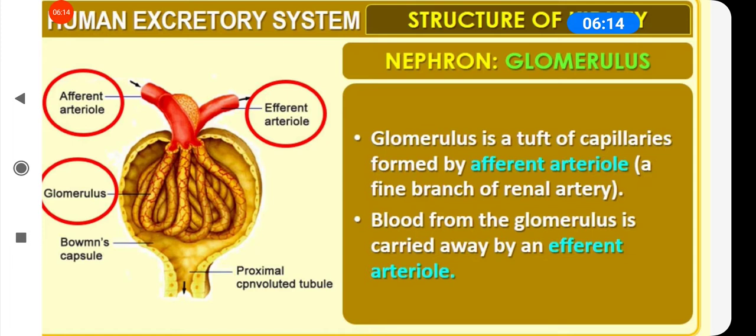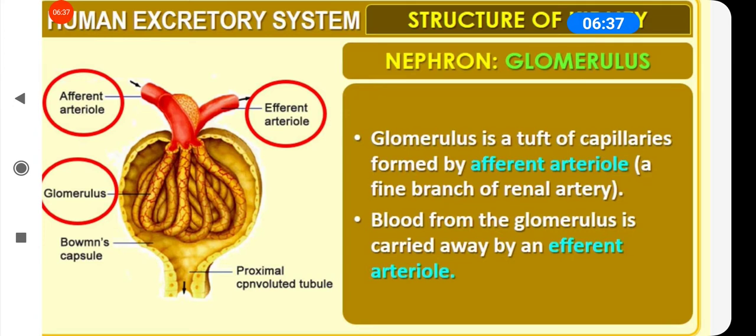The afferent arterioles are the fine branches of the renal artery which enters the kidney and comes from the dorsal aorta. Listen to me carefully. Dorsal aorta branches into the renal artery, which further branches into the afferent arteriole.